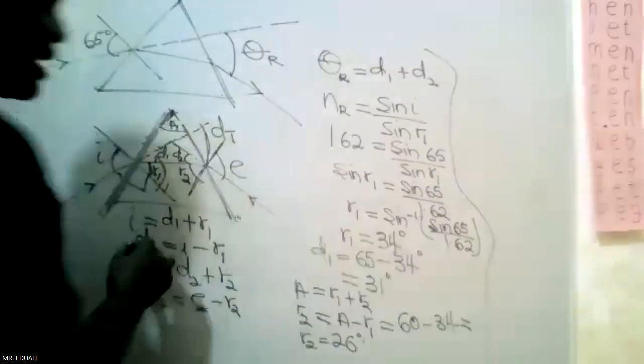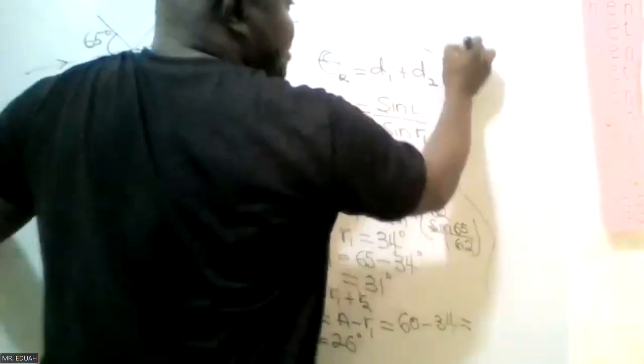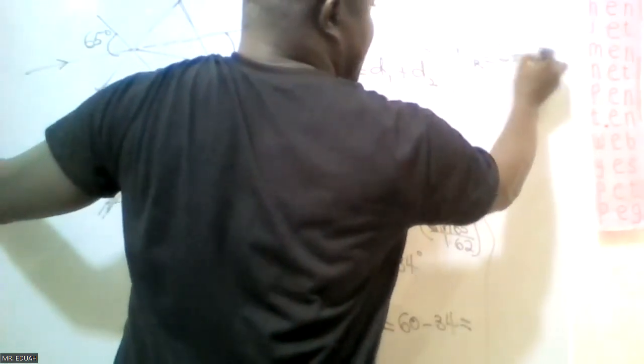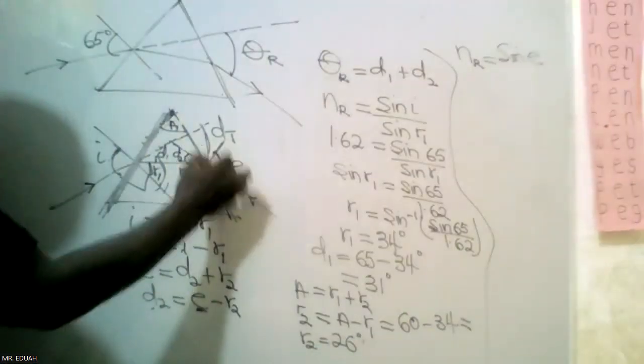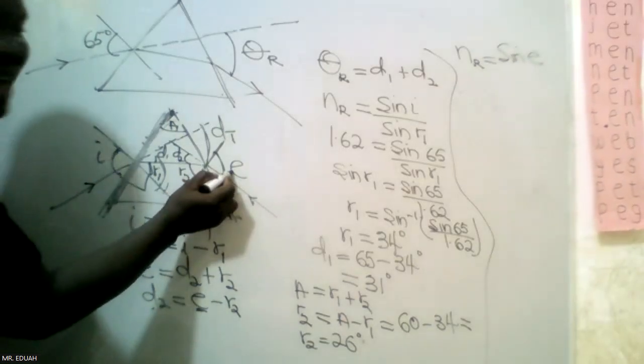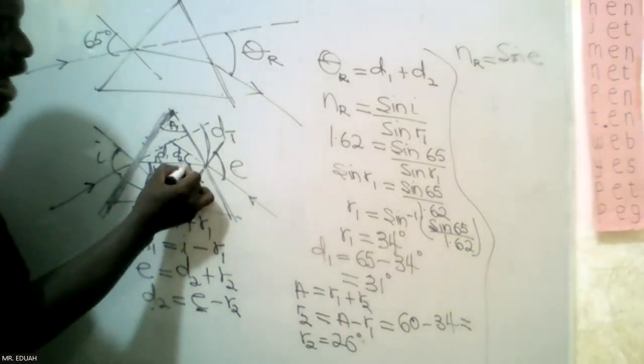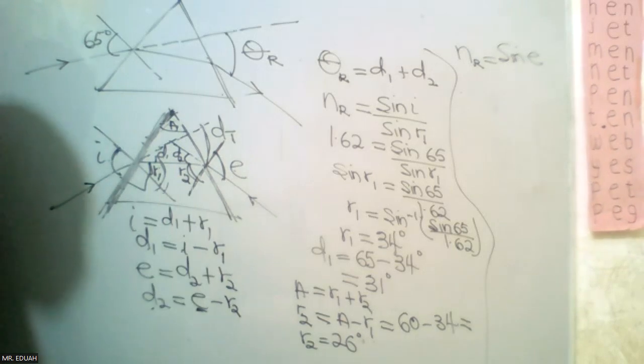If you reverse it, the absolute refractive index of the red light will still be sine of E over sine of R2, because E becomes the angle of incidence and R2 becomes the angle of refraction.